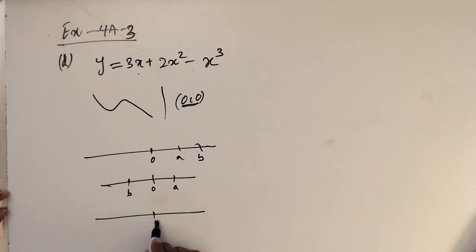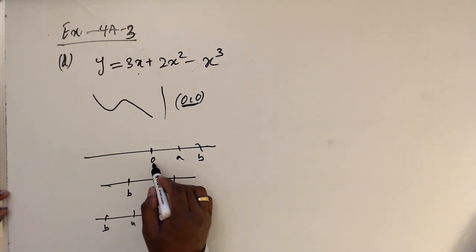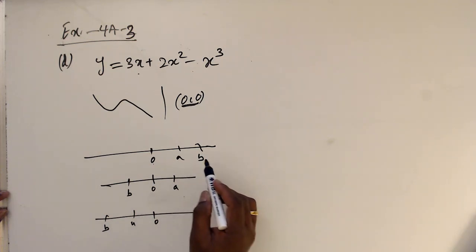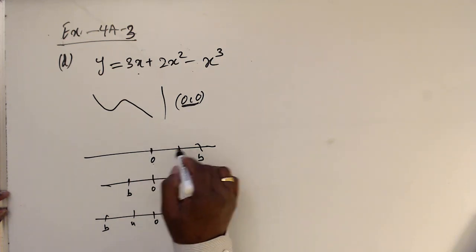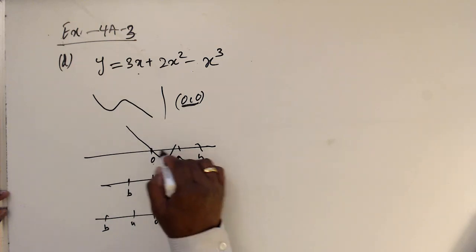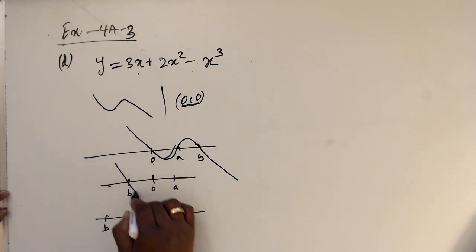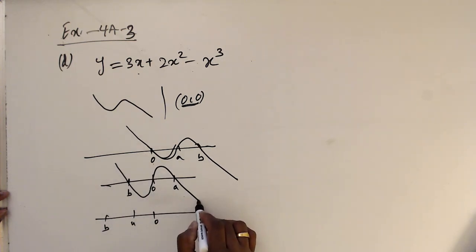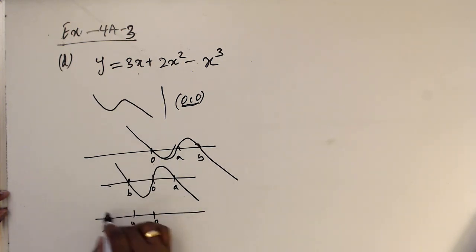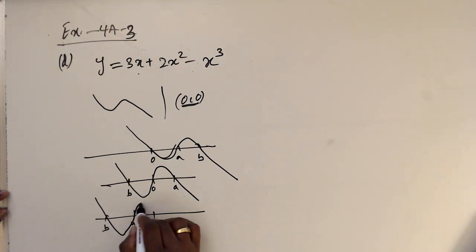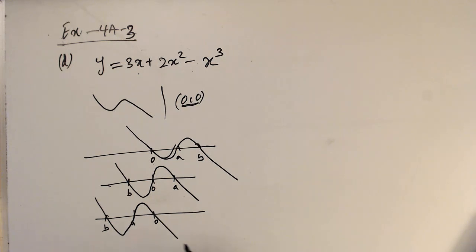Another option is both are here, A and B. One of these three graphs is what we are going to get.